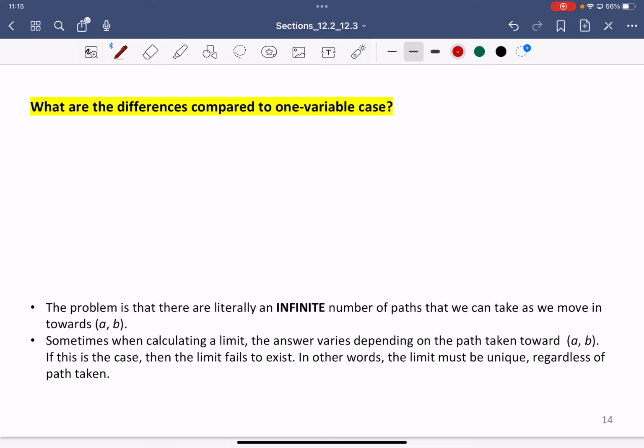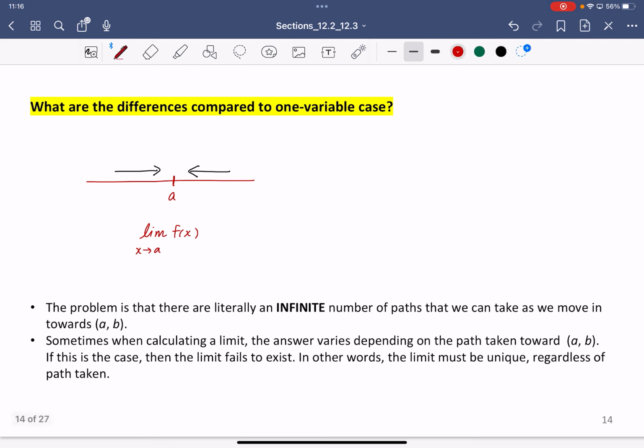Think about when you learned calculus 1. You have the limit from the left and the limit from the right. This is the point A. When you want to compute the limit as x goes to A of f(x), you have the limit from the left and the limit from the right.